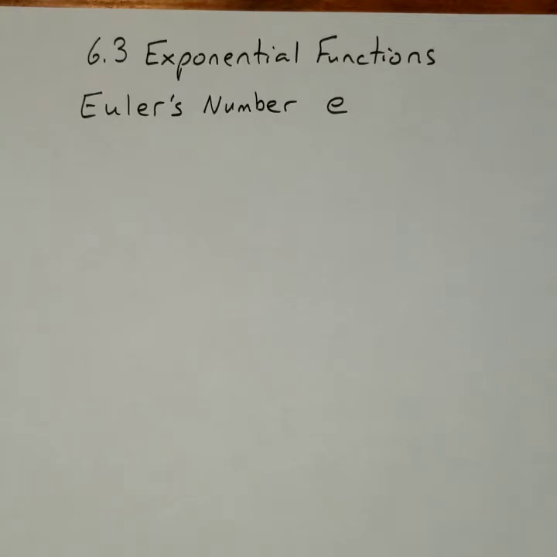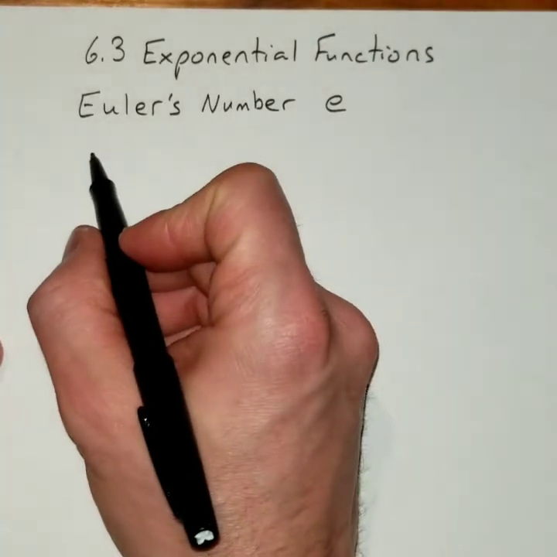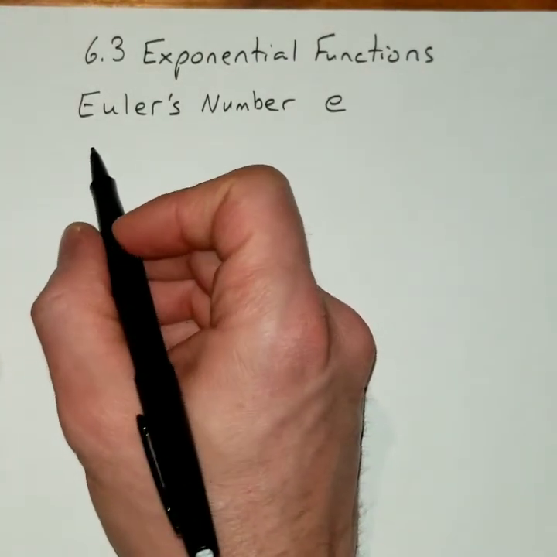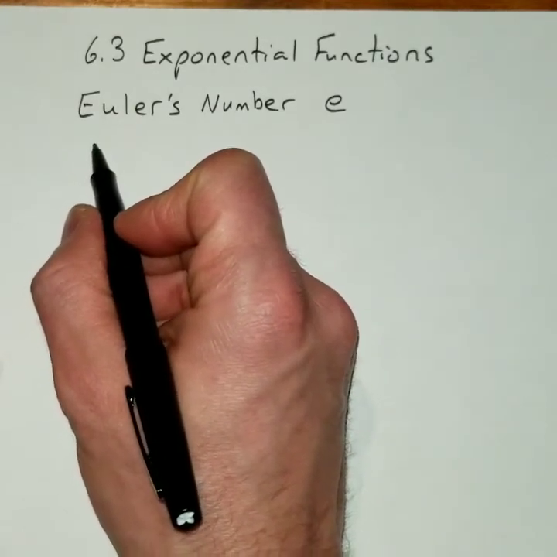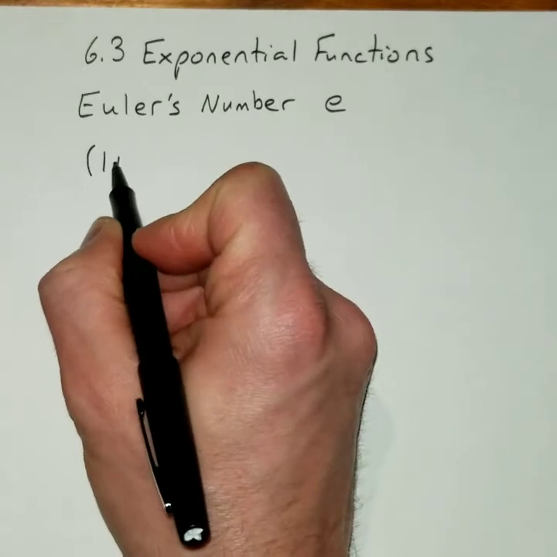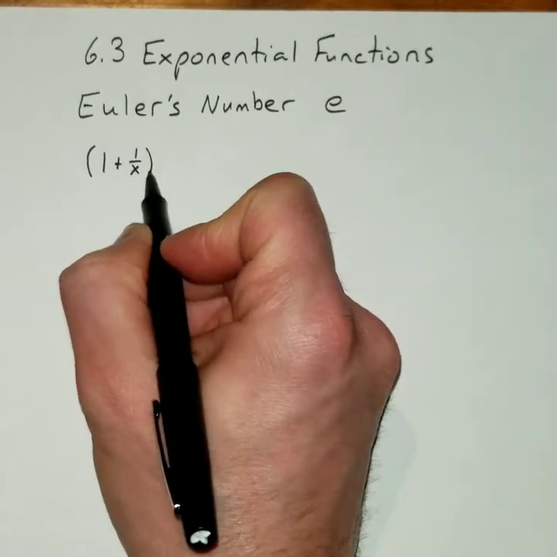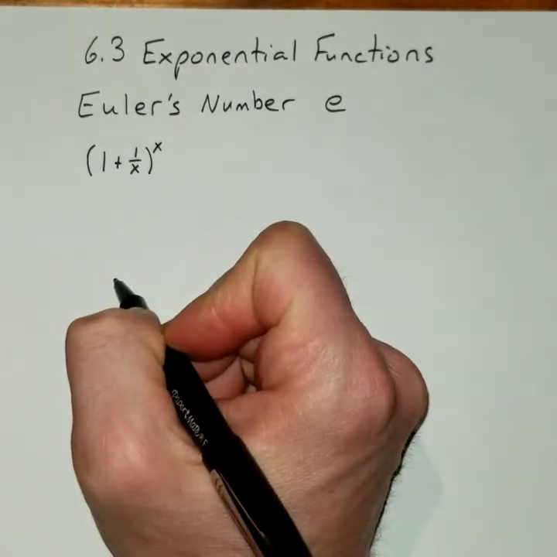And he was developing some formulas and found a pattern, found an interesting function that he needed to evaluate or needed to find some properties of. And the function that he looked at was this: (1 + 1/x)^x.